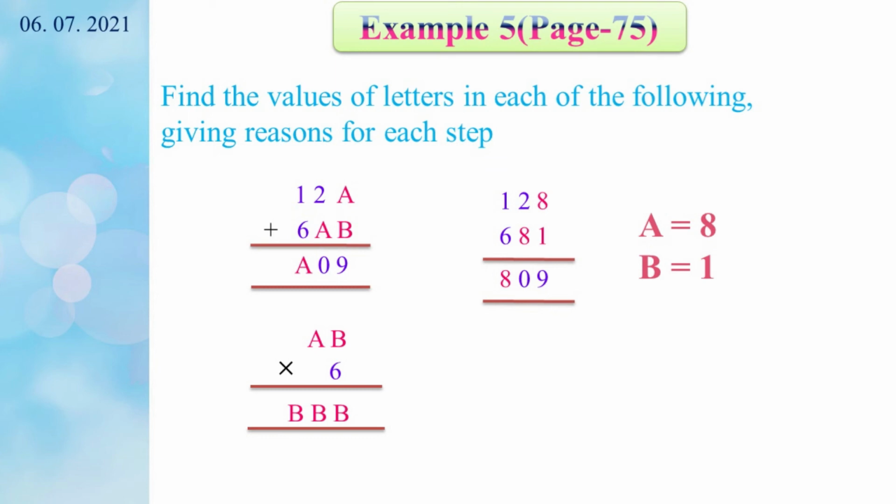On putting B equal to 4, we get the ones digit 4 and the remaining 2 plus B's value should be 44. So 6 into 7 equals 42 plus 2 equals 44. Hence A equals 7 and B equals 4.